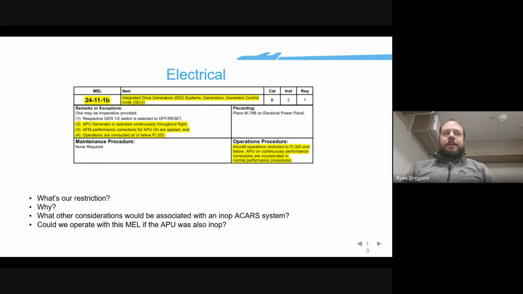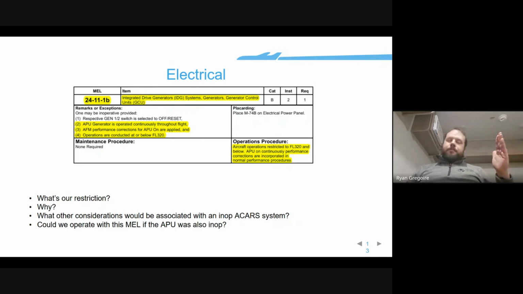And this one is a little bit trickier because it does not explicitly state in the MEL that the APU must be operative or that the APU cannot be inop. It just says we have to run the APU in flight. So it does require a little bit more thought on this one because it doesn't spell it out for us in plain language. But because it does say in our restrictions that we have to run the APU, then we know that we could not dispatch this flight if both the IDG and the APU don't work.